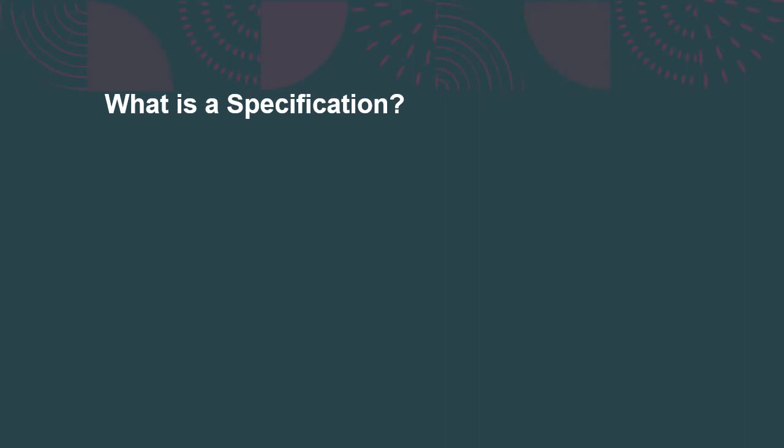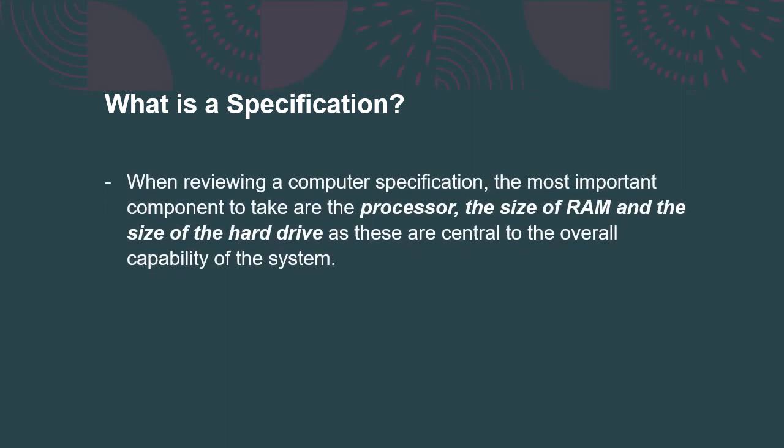Again, if you want to buy a new PC, then reviewing the computer specification is a must. The most important components to look at are the processor, or others call it CPU, the size of the RAM, or the random access memory, and the size of the hard drive, as these are central to the overall capability of the system.